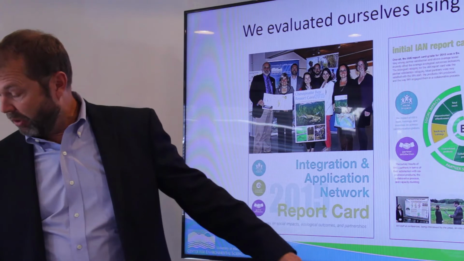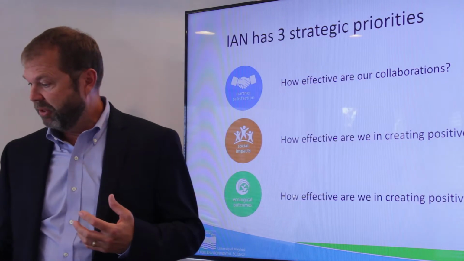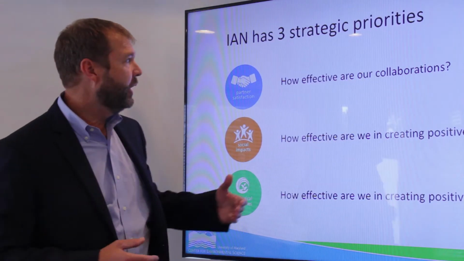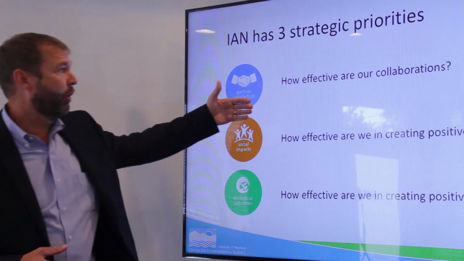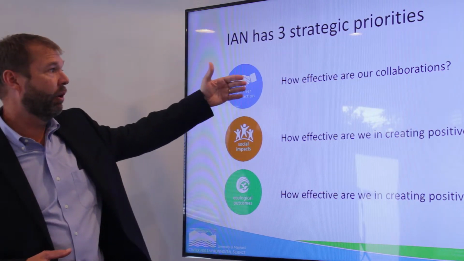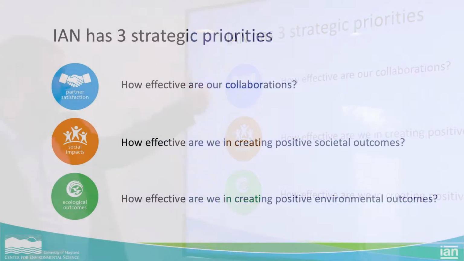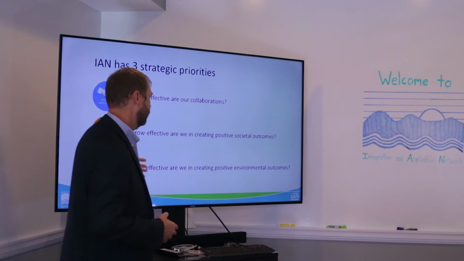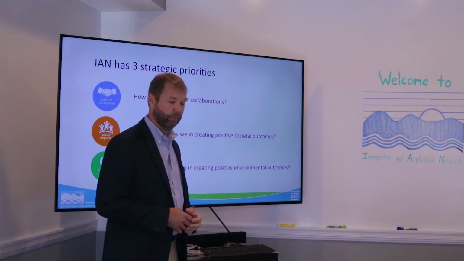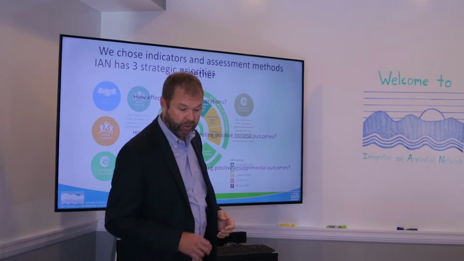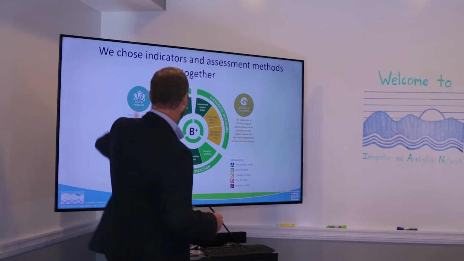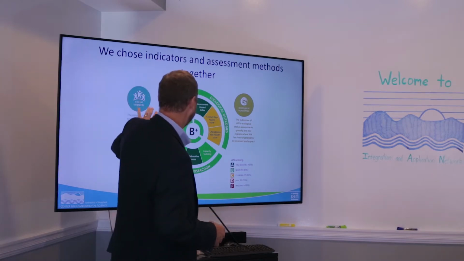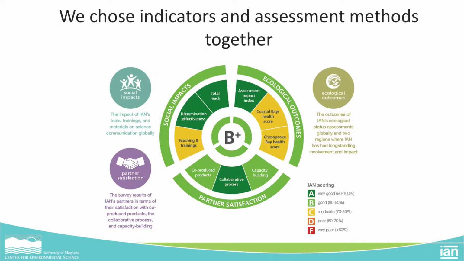So we turned this process in on ourselves, and we realized we had 3 main strategic priorities. How effective are our collaborations? How effective are we in creating positive societal outcomes? And then how effective are we in creating the positive environmental outcomes that we seek to improve? So the results of this were, for each one of these areas, we have specific things that we're measuring within there.